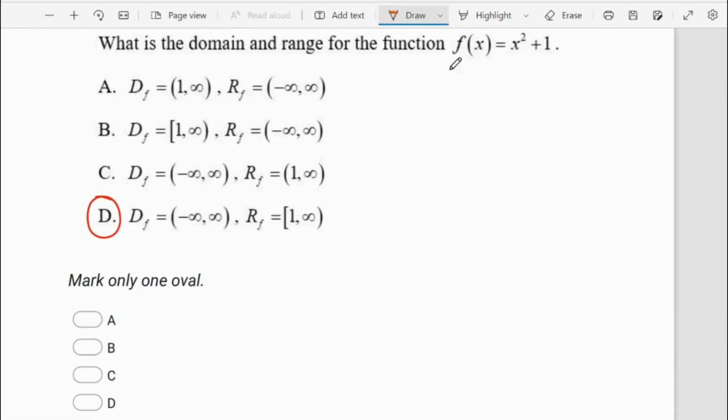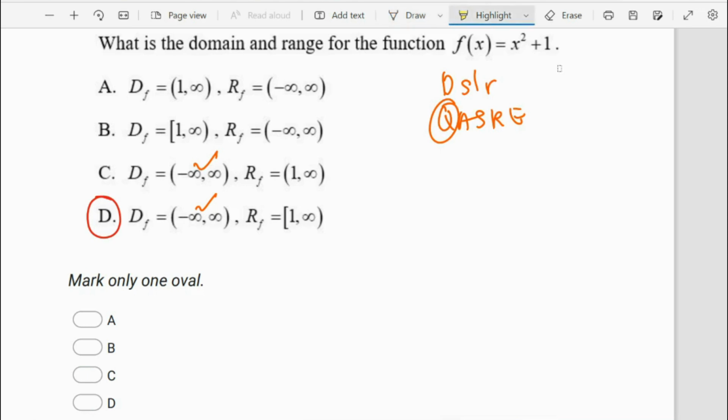What's your domain and range for quadratic? Quadratic, do you have a special case in your domain? Domain, obviously not, so it will be negative infinity to infinity. For range, yes, quadratic is a special case, so we have to complete the square.